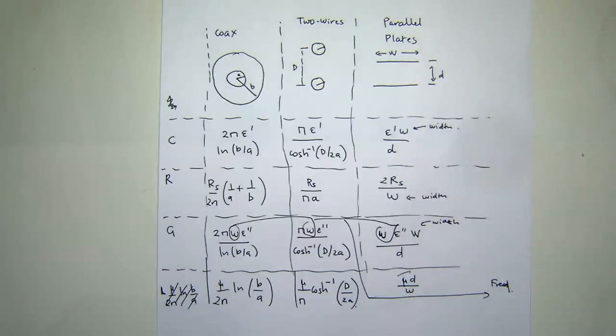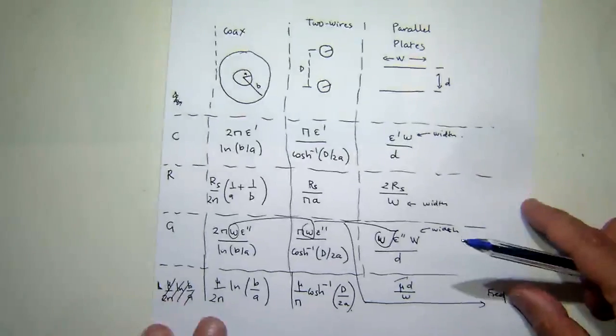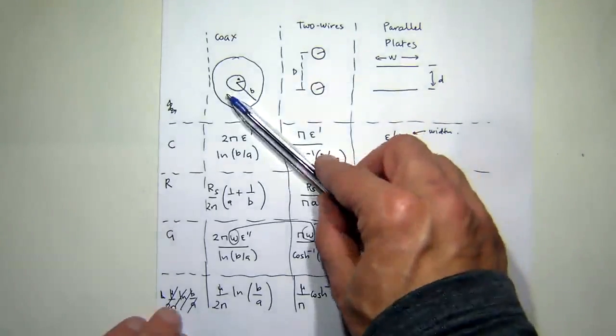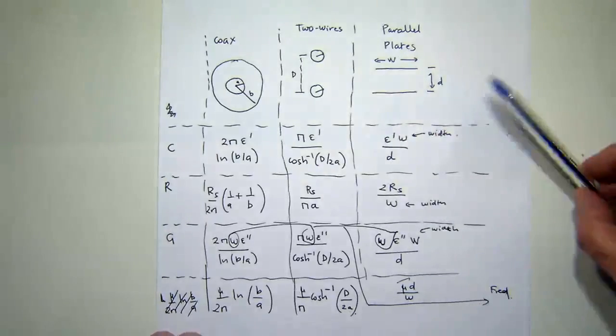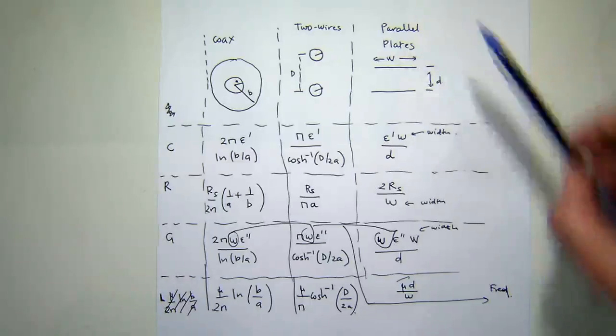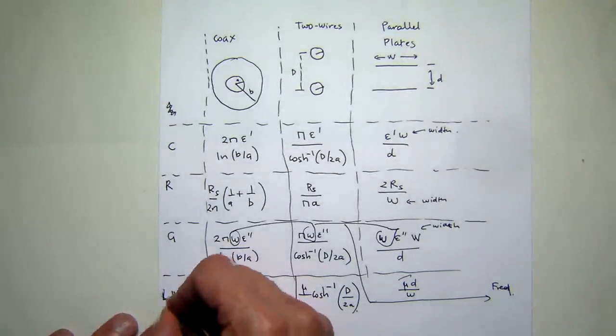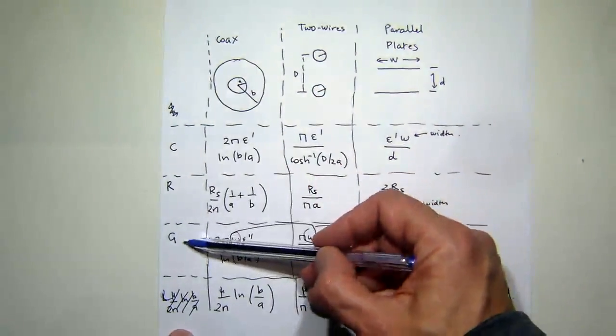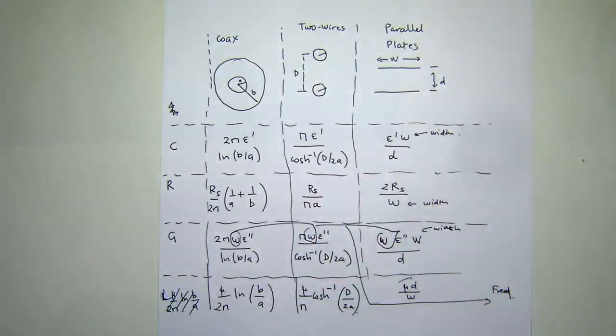But what I've done for you is calculate, for a coax, two wires, or parallel plates, what the capacitance, resistance, conductance, and inductance are going to be for that system of wires. And it's fundamental. You can't do anything about it. That's what it's going to be.